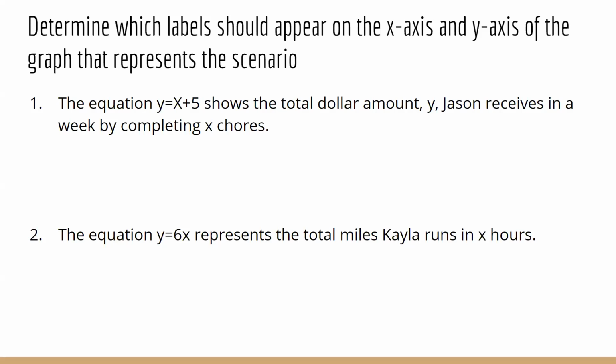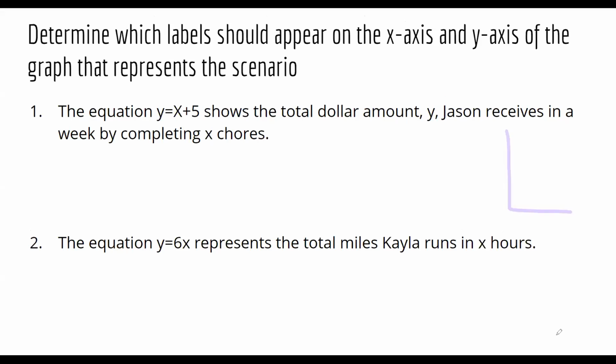So to remind you of that, I have a graph, this is x, this is y. Your x-axis is going to be your independent, if that helps you, and then your y is your dependent.